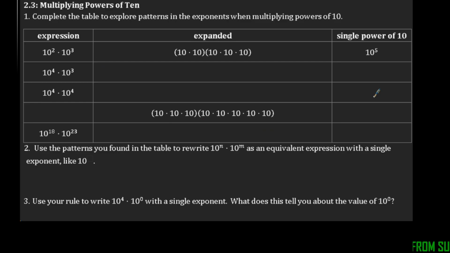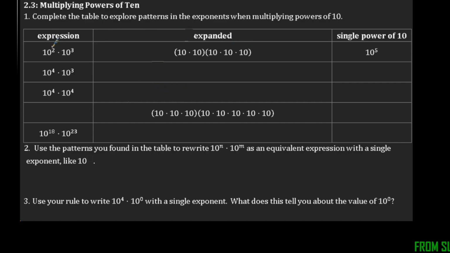All right. For the next part, towards the bottom, it says complete the table to explore the patterns in the exponents when multiplying powers of 10. So notice how you start with your original expression and then you have it expanded out. For 10 squared, they have a 10 for each of those values in the exponent. For 10 to the third power, however, they have 3 10s because they have 3 in the exponent.